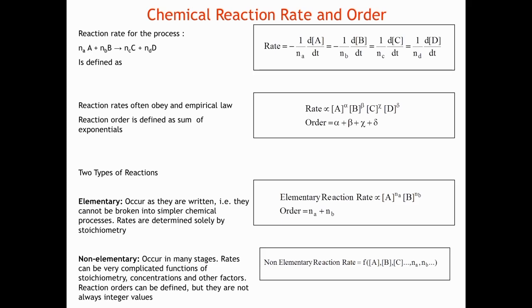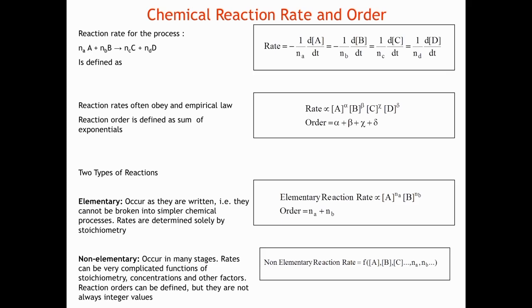Because if this was slow, it would be determined by the slowest part of these reactions. It doesn't matter how quick A plus B turns to C plus D, if this happens at an infinitesimally slow rate. Because that would mean that this is produced at an infinitesimally small rate, even though this is consumed at a very fast rate.